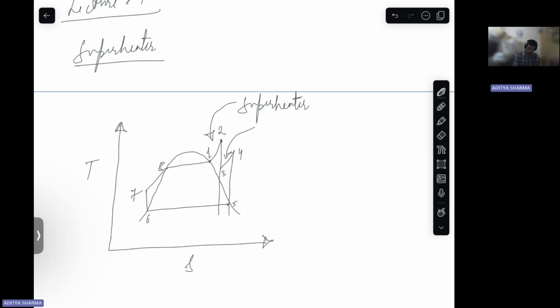This is your reheater. So here we are discussing superheater. Okay.